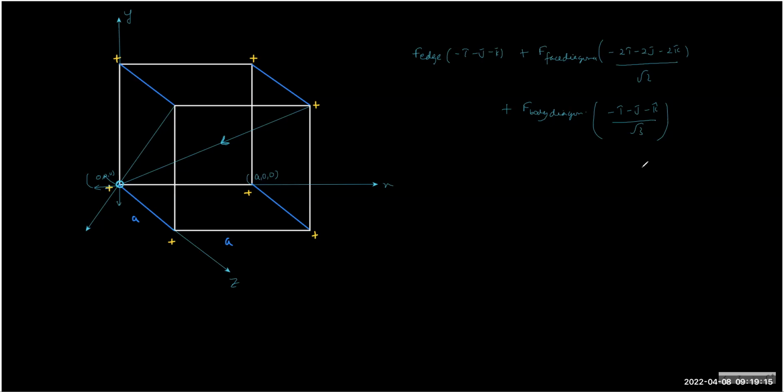So FH is fine. So this is the answer. F net. Now the value of FH will be how much? Sir, it will be kq square by a square. F face diagonal, sir, it will be kq square by 2a square.